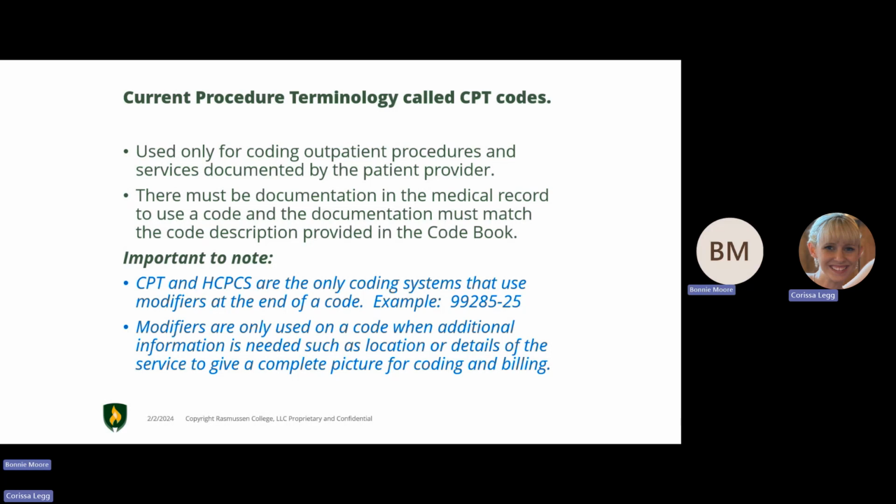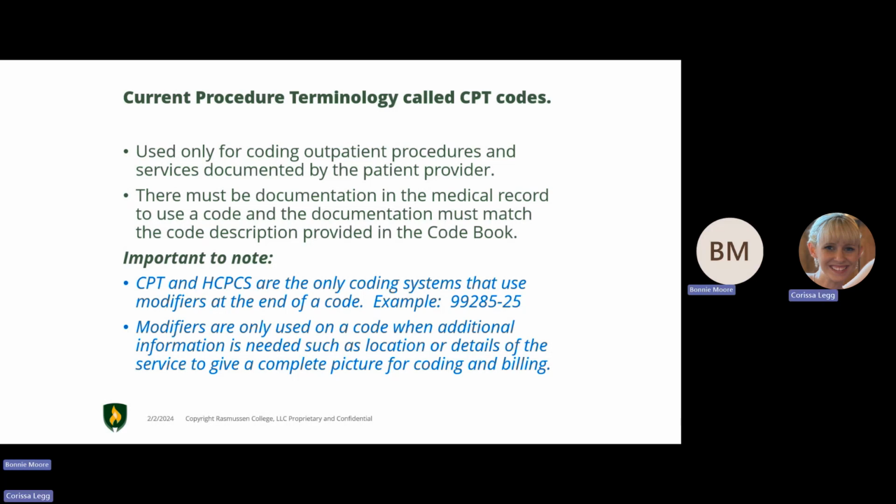But here's an example. Let's say the CPT code is 99285, and then you put a hyphen and then a modifier. This you'll see a lot in physician office coding. Medicare requires certain modifiers to be used at certain incidences.